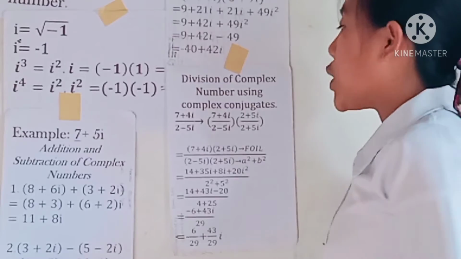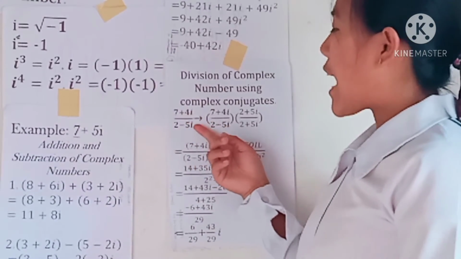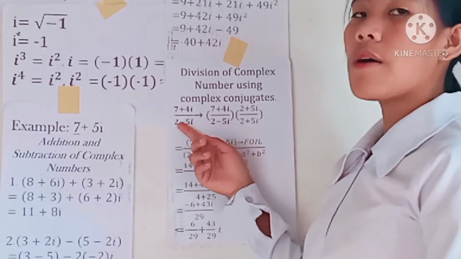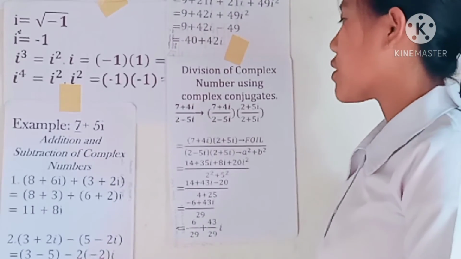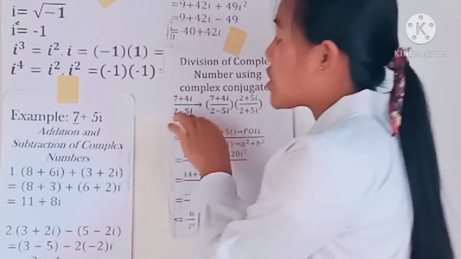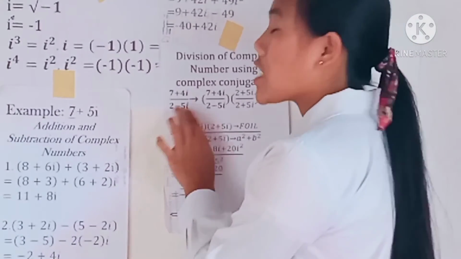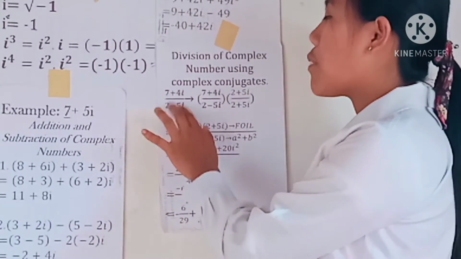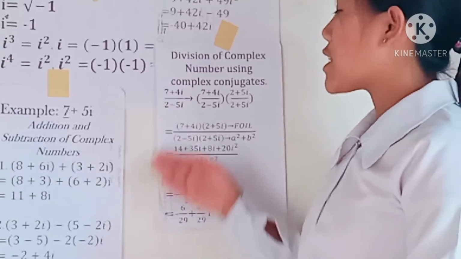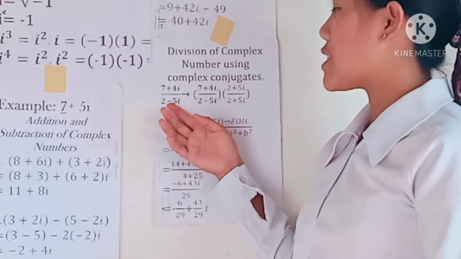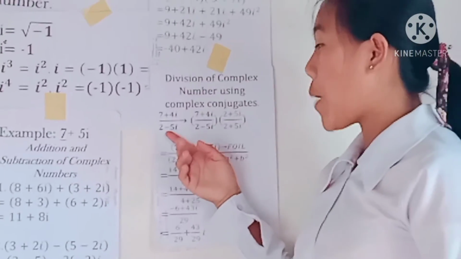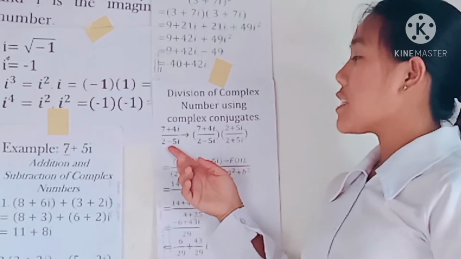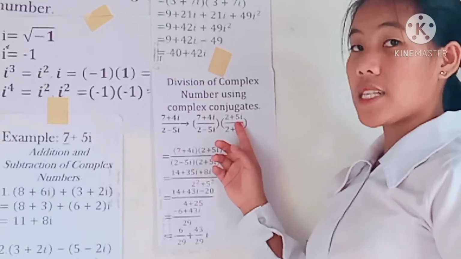Here is an example: 7 plus 4i over 2 minus 5i. The denominator is 2 minus 5i and we will multiply using its conjugate, which is the opposite of the sign. The opposite of 2 minus 5i is positive 2 plus 5i.